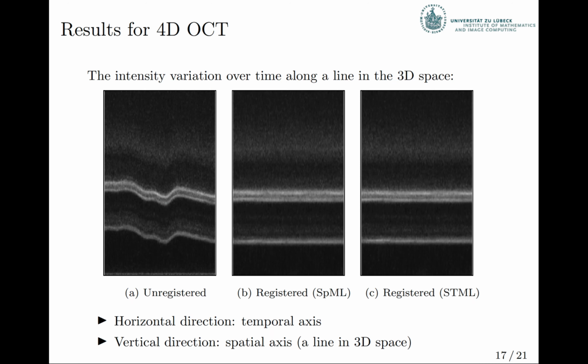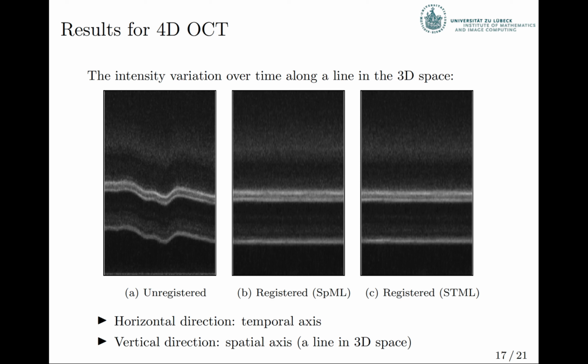So these are the 2D plots. The first figure is the unregistered image, and the middle one and the right-hand side one are the registered images. The horizontal axis represents the temporal dimension, and the vertical axis represents a line in the 3D space.